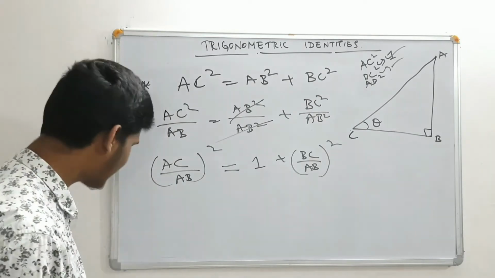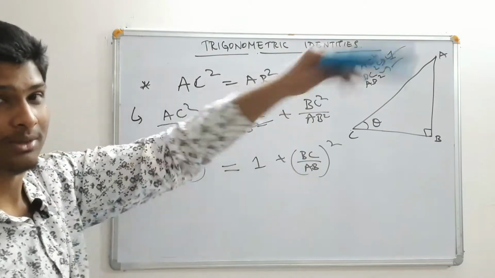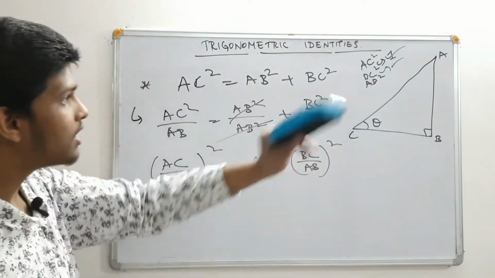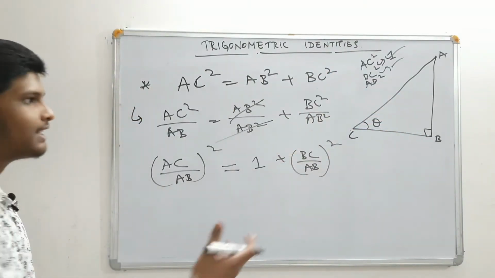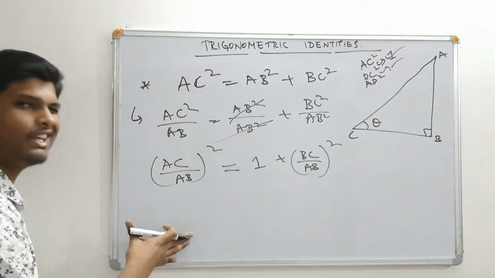So, AC by AB, what is AC by AB? AC is the hypotenuse, AB is the opposite side with respect to angle theta. I consider angle theta here, but you can consider the other angle also, then also you'll get the same identities.